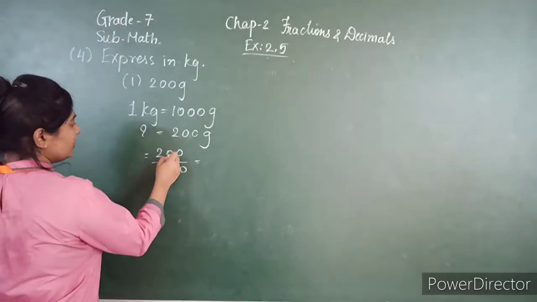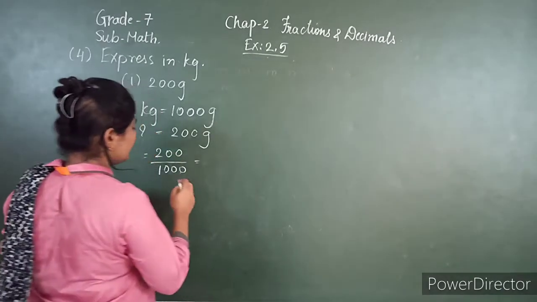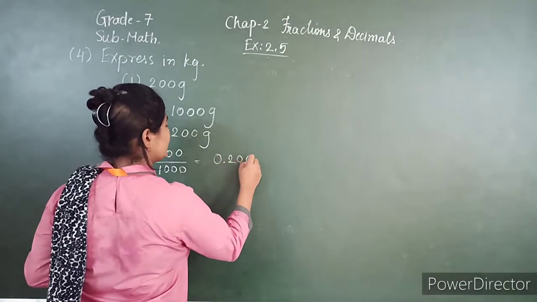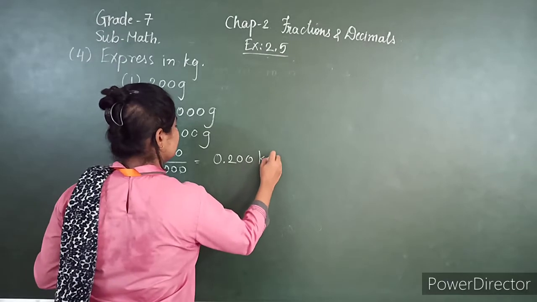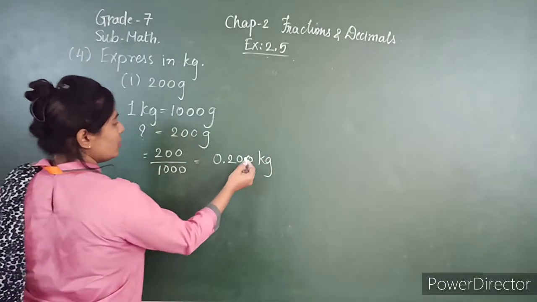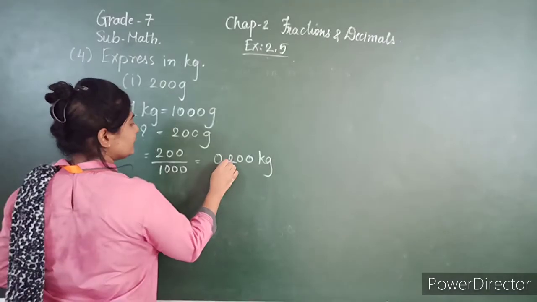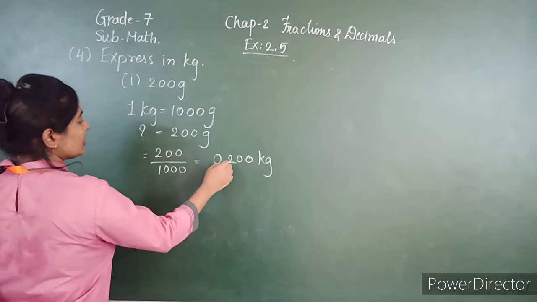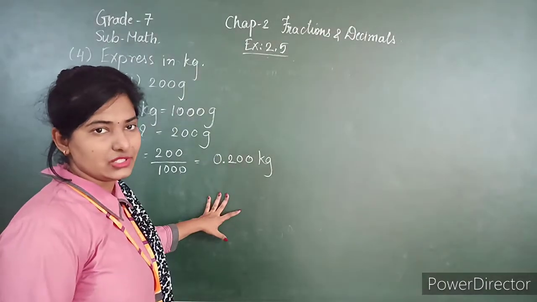So we have to put point before 3 number. So it is 0.200 kg. Here 1, 2, 3 zeros are there. So 1, 2, 3, we have to put point over here and then 0. So it is 0.200 kg.